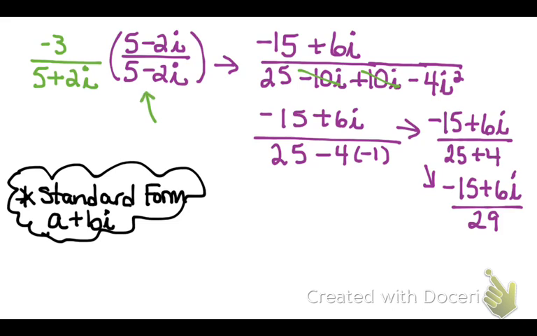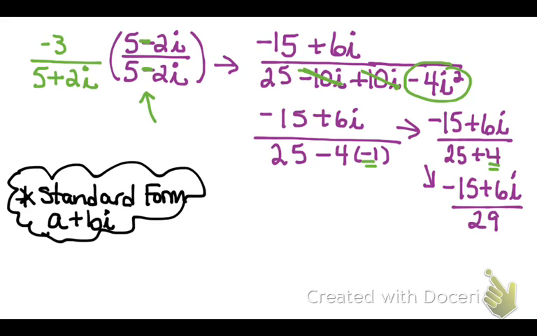Alright, so we multiplied the numerator and the denominator by the conjugate, which means that because it was a 5 plus, we used 5 minus. Then we needed to simplify the denominator. The negative 4i squared, the i squared, remember, is equal to negative 1. So negative 4 times negative 1 actually gave me the positive 4.